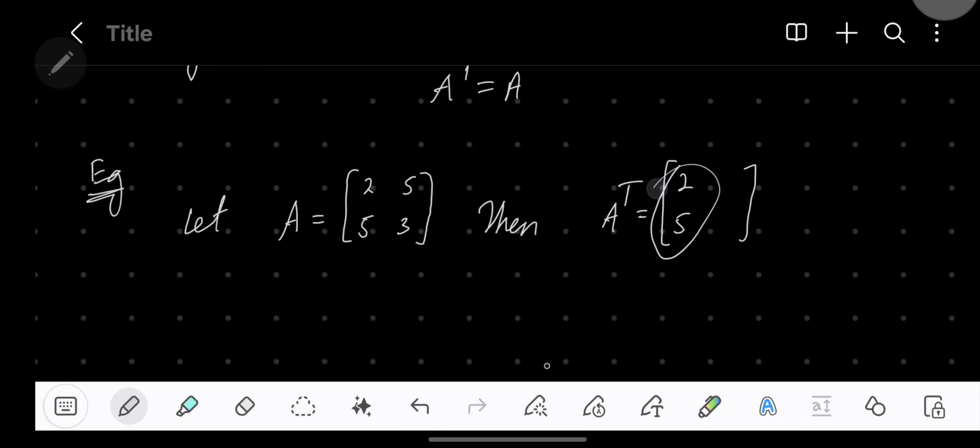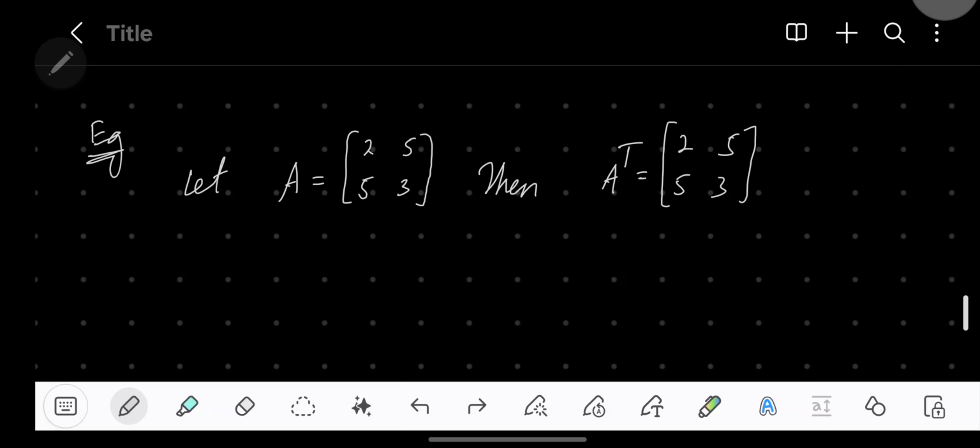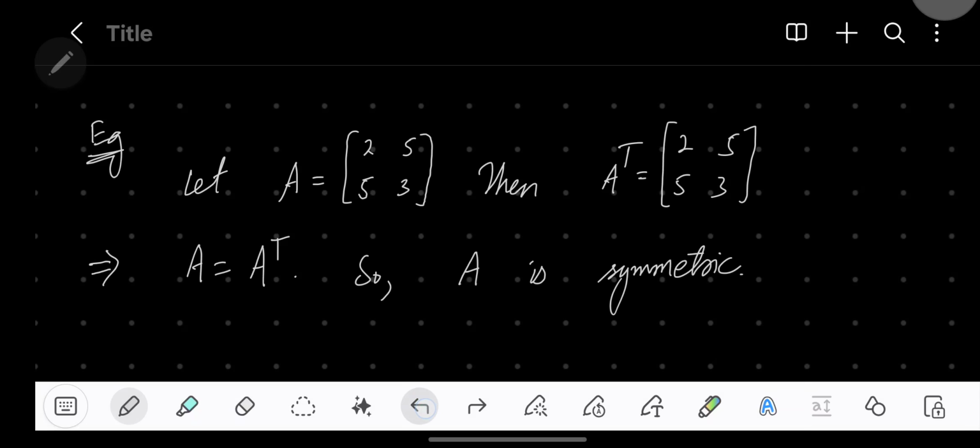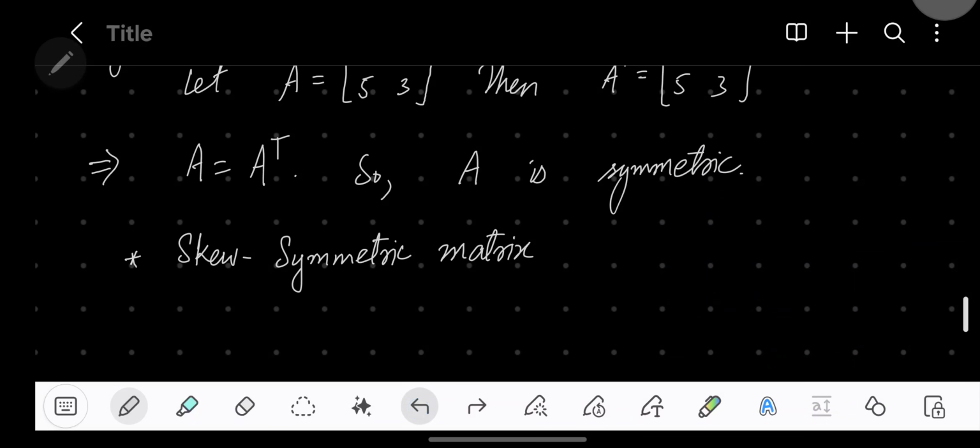You can see here the column 0, 2, 5, and then this row into the next column. You can see that this matrix and this matrix are the same. Even after taking the transpose, there is no change. So the transpose and the original matrix are the same. Hence, we can say that the matrix is symmetric.